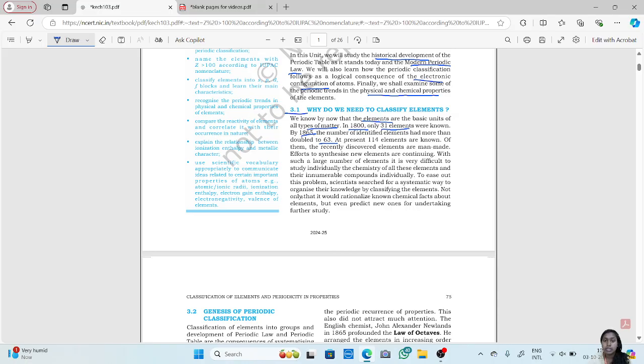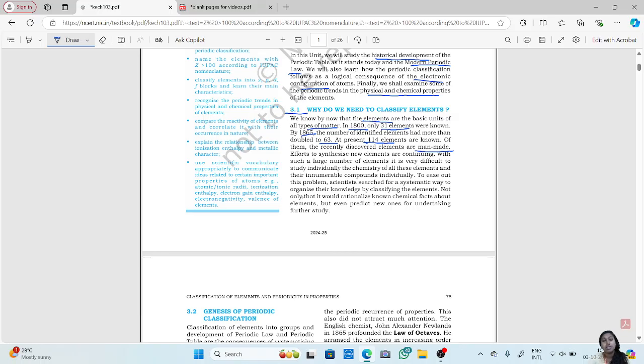At present we have 114 known elements. Of them, the recently discovered elements are man-made. Among these 114 elements, the recently discovered ones are all man-made. They are not natural. During some synthesis or some experiments these were formed.